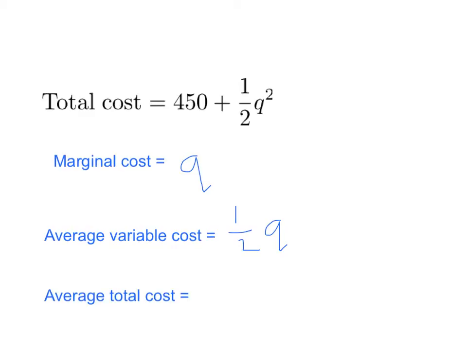And finally, we've got our average total cost. Remember, our average total cost is given by our total cost, which is the capital C of Q, divided by Q. So, it's this whole right-hand side here divided by Q. That's going to be equal to 450 divided by Q, that's our average fixed cost, plus a half q squared divided by q, well that's a half q.